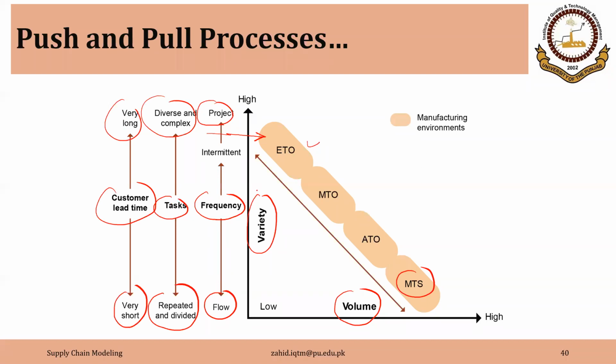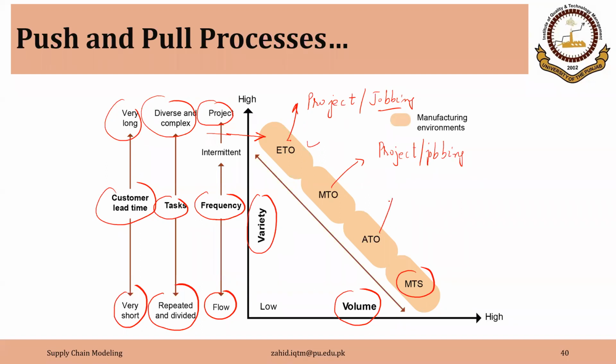So if I link this figure with the previous discussion, engineer to order processes are almost always project type, or maybe jobbing, but mostly they are project type. Make to order again could be these two, so project or jobbing. Now assemble to order is a little tricky.